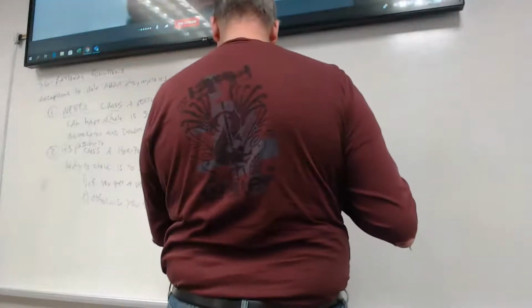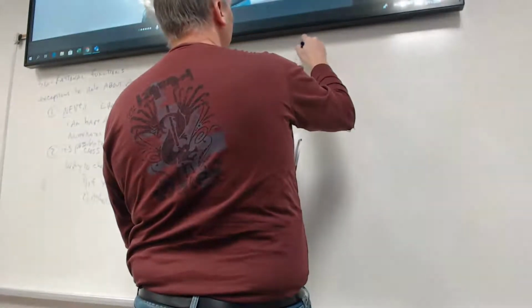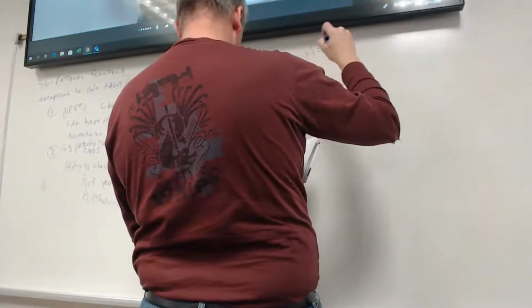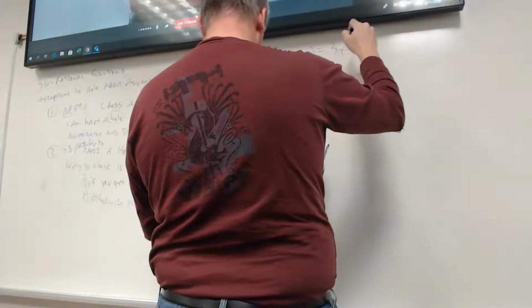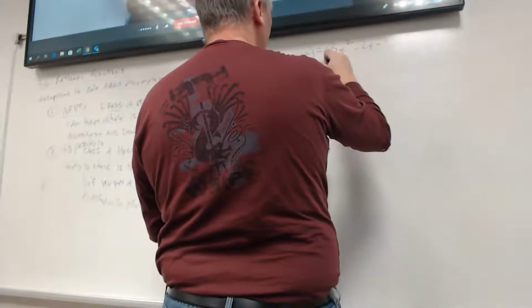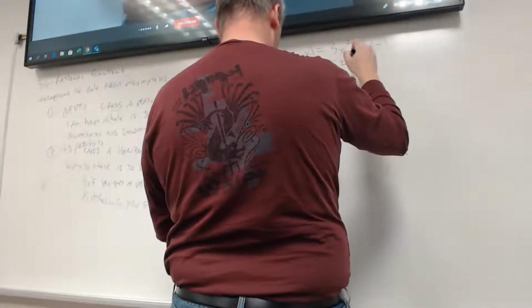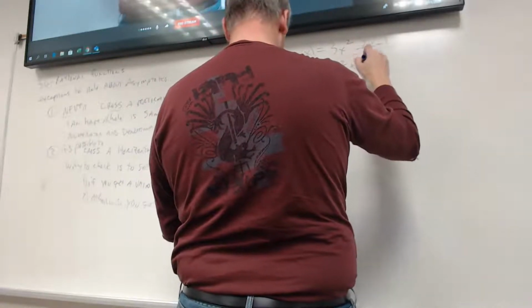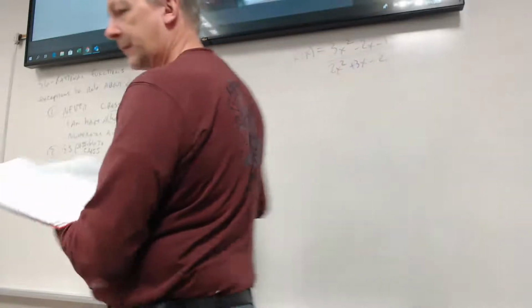What if we have r of x equals 3x squared minus 2x minus 1 over 2x squared plus 3x minus 2? Okay? All right. I'm going to pick my black. I think it's easier to see, especially on the video.